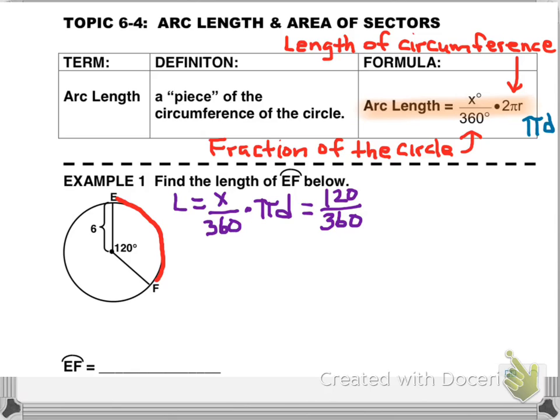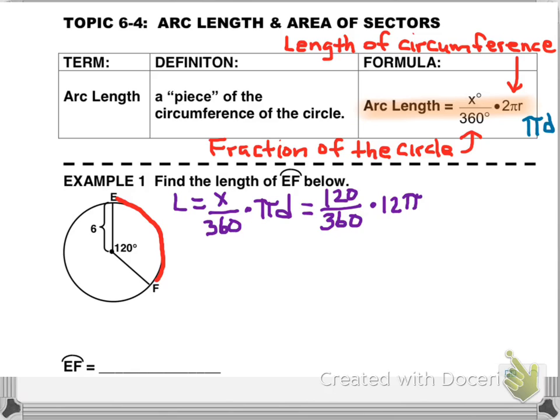So that'll be x, and so we'll put 120 over 360. Then we'll multiply that times pi d. The diameter d is twice the radius. The radius in this case is 6, so the diameter is 12.